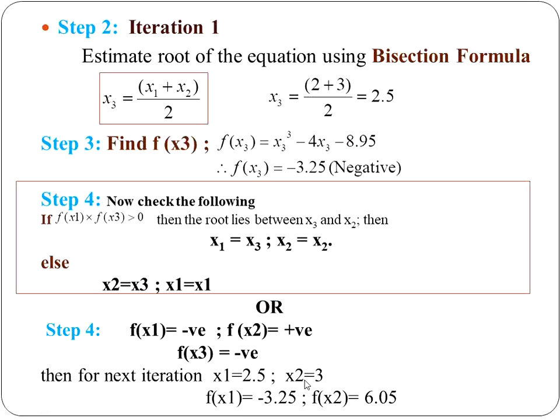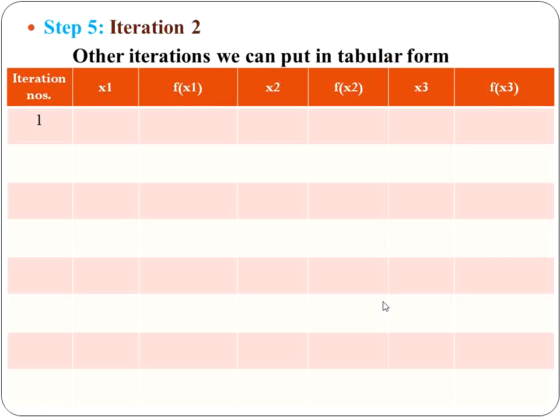Same for x2, which is 3: function of x2 becomes 6.05, previously calculated. For the other iterations we can put the values in tabular form. There is no need to show each and every iteration numerically.